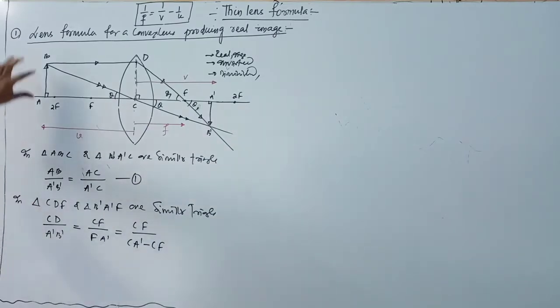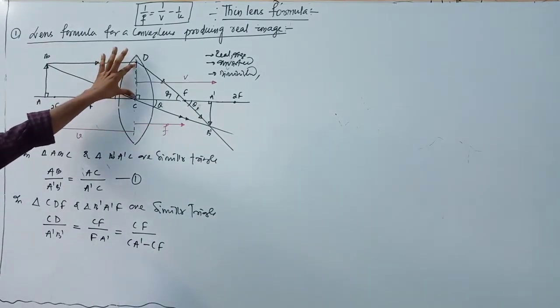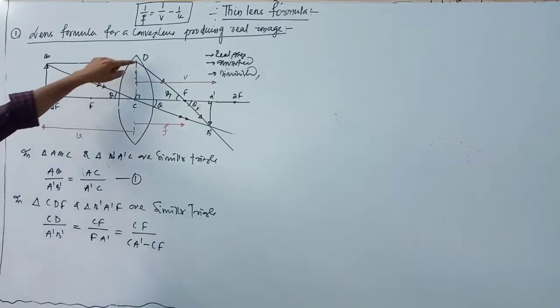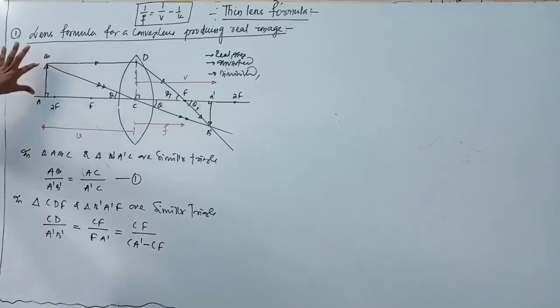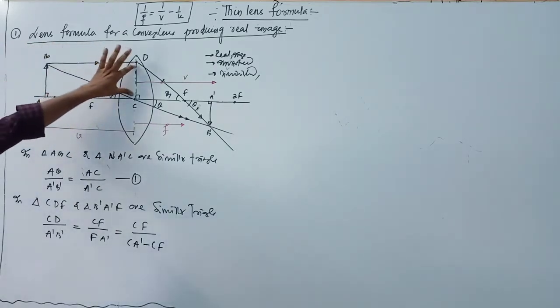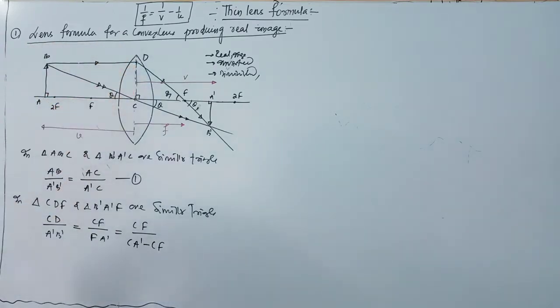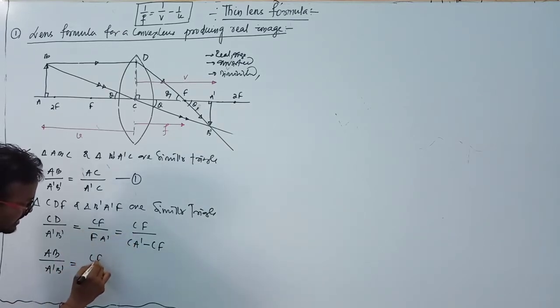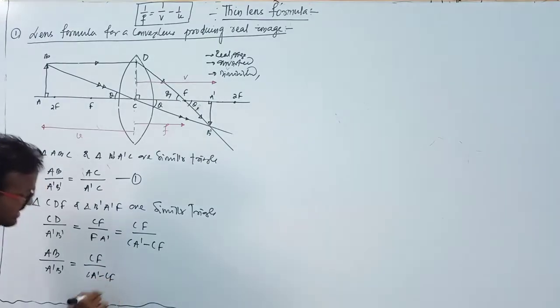But the distance AB equals distance CD, because these rays are parallel to the principal axis and incident at point D. So you can replace CD with AB: AB divided by A dash B dash equals CF divided by CA dash minus CF.